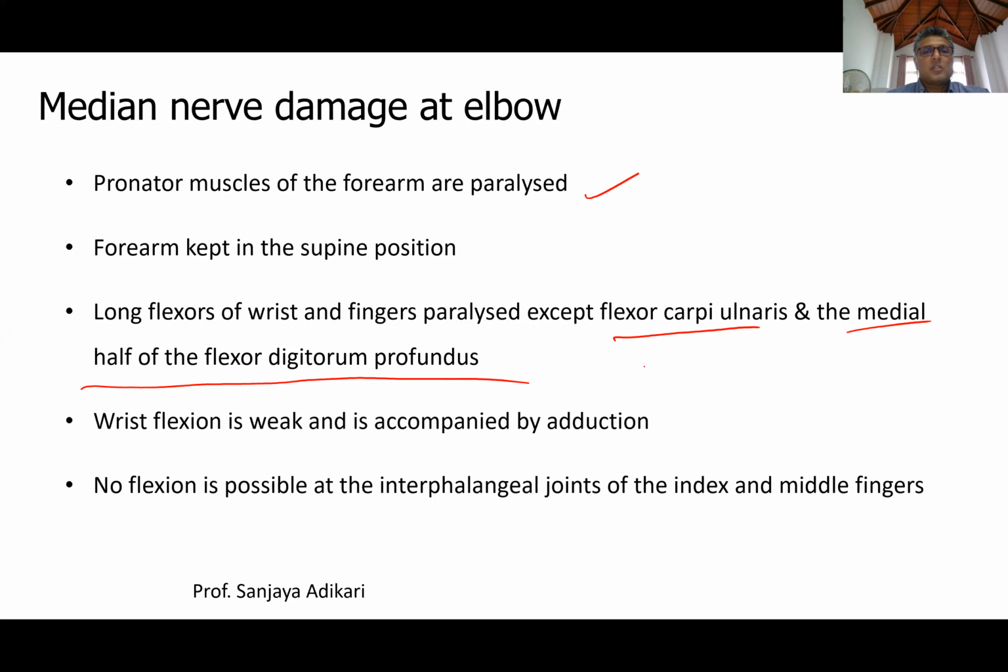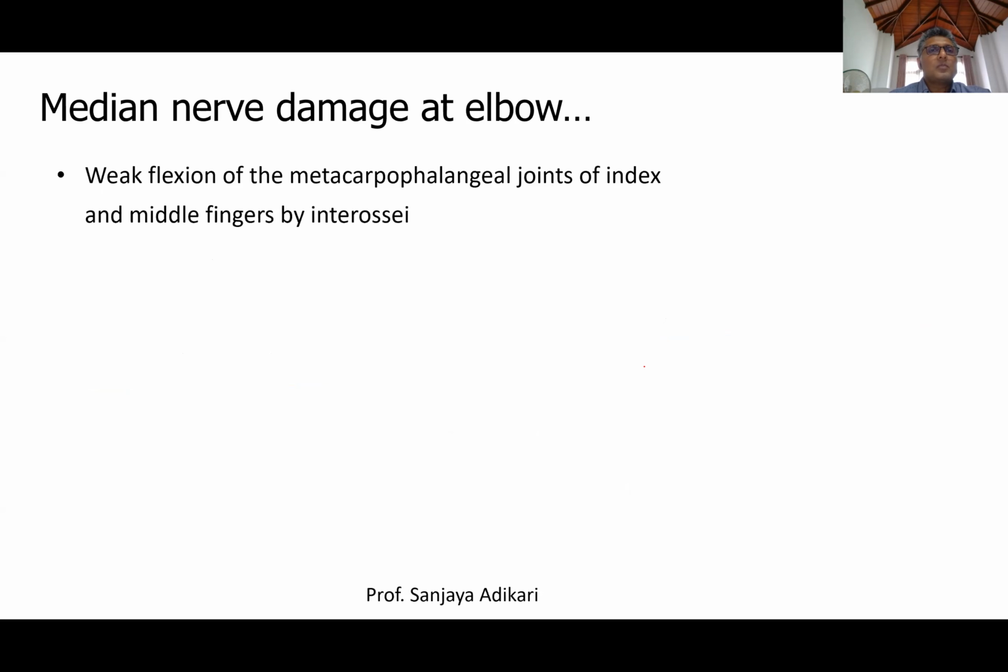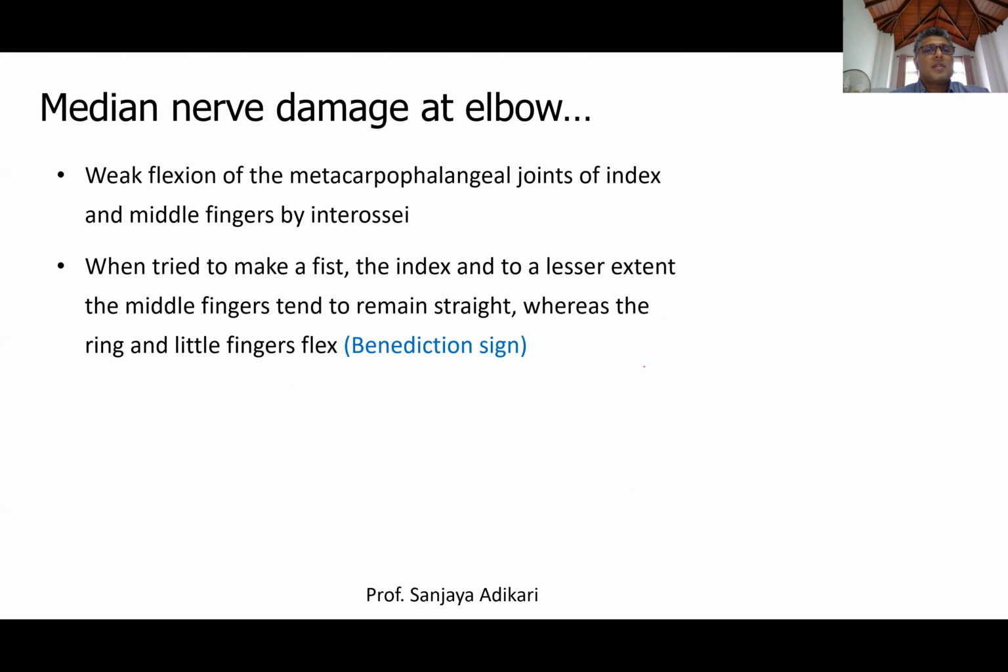Then no flexion is possible at the interphalangeal joints of the index and middle fingers, because the lateral half of the flexor digitorum profundus is gone, as well as the flexor digitorum superficialis, because the median nerve is gone. So weak flexion of the metacarpophalangeal joints of the index and middle fingers by the interossei can be there.